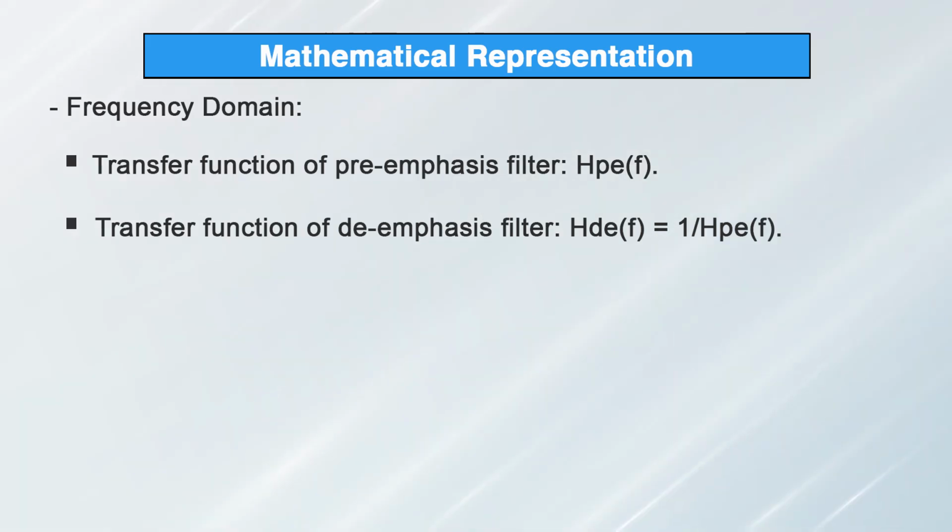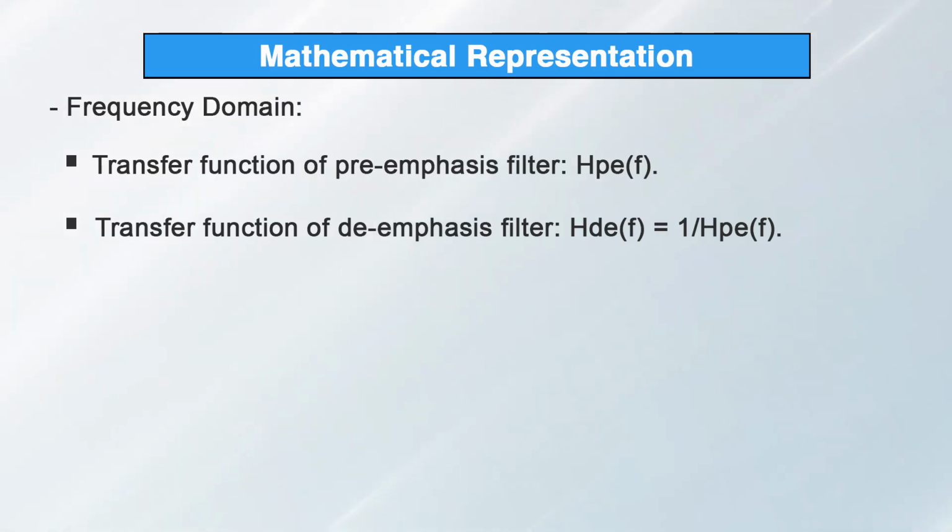Now, let us have a look at the mathematical representation. Mathematically, de-emphasis can be represented as a complementary function to pre-emphasis in the frequency domain. The transfer function of the de-emphasis filter is designed to have an inverse relationship to that of the pre-emphasis filter.